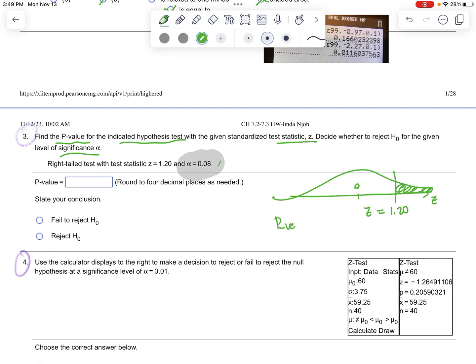Your p-value is going to be the probability that z is not to the left but to the right of 1.20. So it's normal CDF, you start at 1.20 and go to a big number. You put that in the calculator, normal CDF, 1.20 to a big number. So this p-value gives me 0.115.